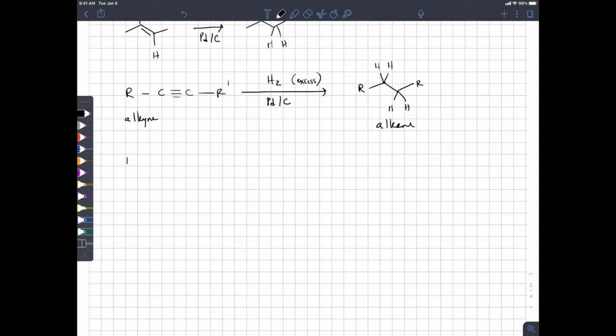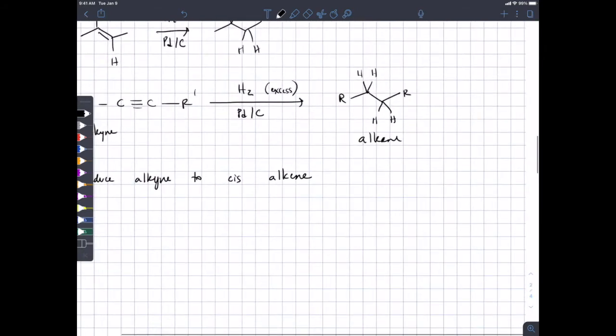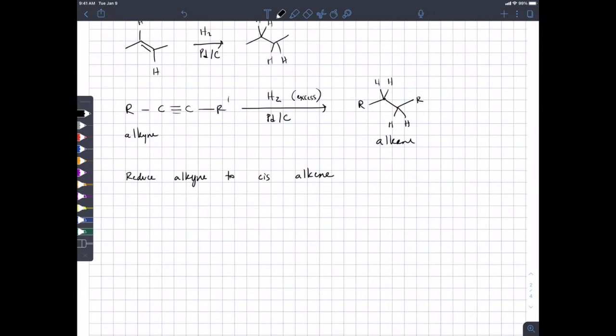So we can reduce the alkyne to the cis alkene. And our strategy is going to be similar to the palladium on carbon approach. In fact, we're going to use palladium on carbon, but we're going to make it less reactive.